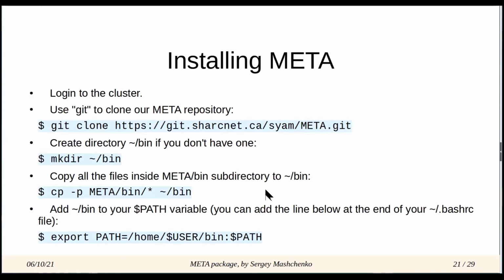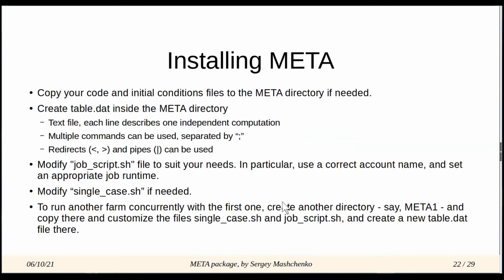So how to install Meta? Meta is not available yet as a module package. It will be at some point. The way you install it on any of the national systems, you log into the cluster and then you do git clone, and here's the address. It's very convenient to move all the commands I just described inside a common bin subdirectory, typically in your home file system, and make sure it's on your path, so all of these commands are available and executable anywhere.